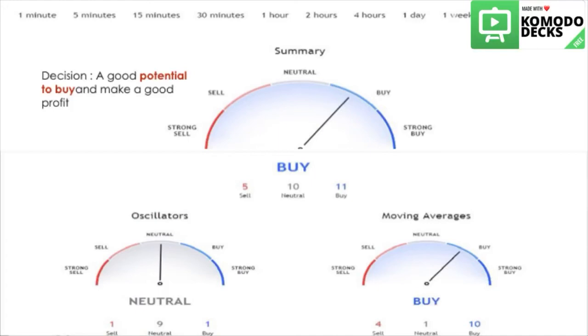So based on the chart given from the slide before, we can say that Duopharma Biotech Berhad stock is at a price at which traders can buy and make a good profit.